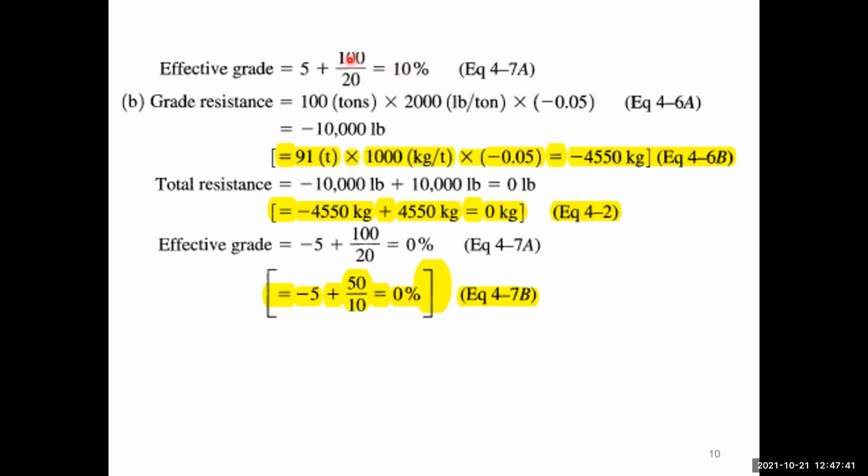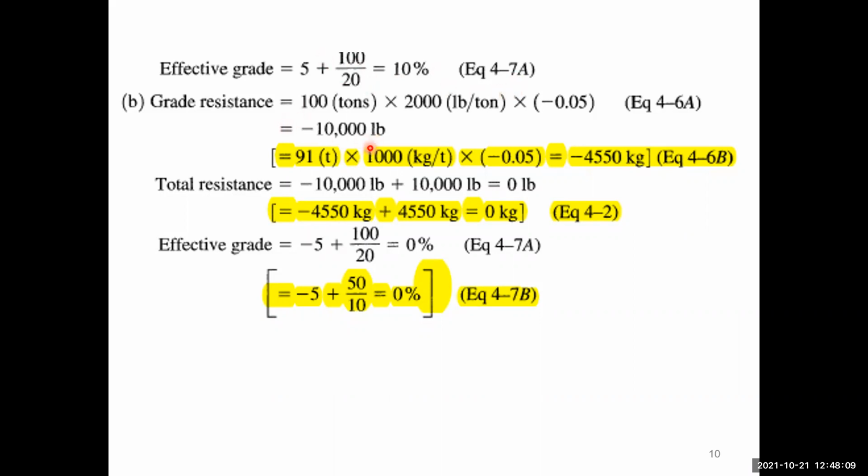In this case, it is only given in terms of the US customary units, but in terms of the SI units, you will use the other formula from equation 4.7 B. So these were the answers for part A.